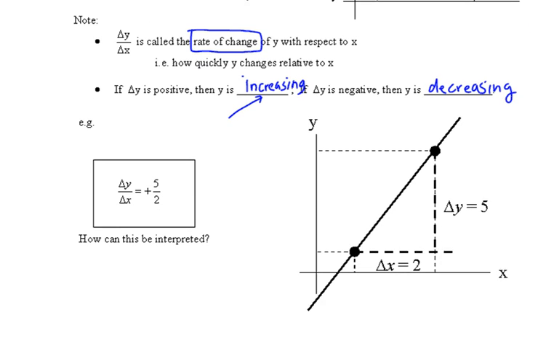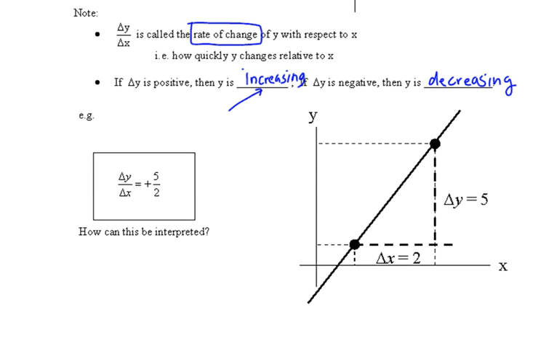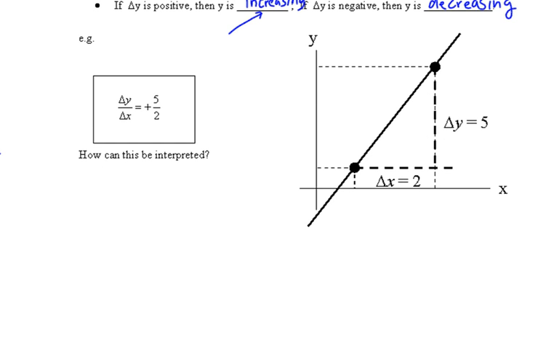So here's an example where my change of y with respect to x, or my delta y over delta x, is positive 5 over 2. So for every 5 we go up, we go to the right 2. Make sense? So how can this be interpreted? An increase of 5.